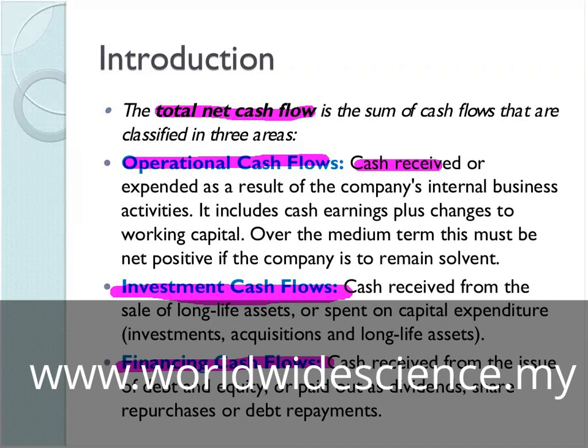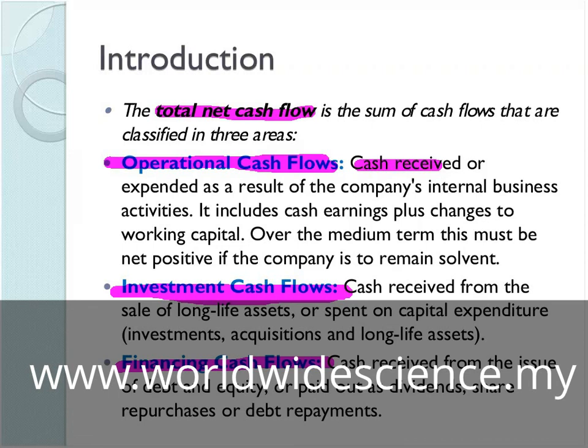Okay, some of you asked me to give some examples for these 3 items: operation cash flow, investment cash flow, and financial cash flow. Okay, first, operation cash flow. This is the cash which we receive or invest in our main business, or our main operation.